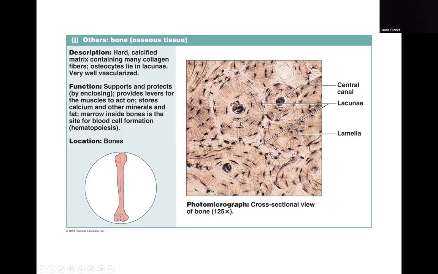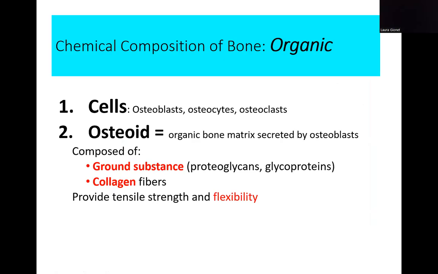The little, looks like it took a pencil and drew little lines perpendicular to those lamella connecting lacunae to lacunae to lacunae to the central canal. Those are the canaliculi, and the central canal is where we find nerves, arteries, and veins supplying this bone. So in lab, we see a lot of those pics there.